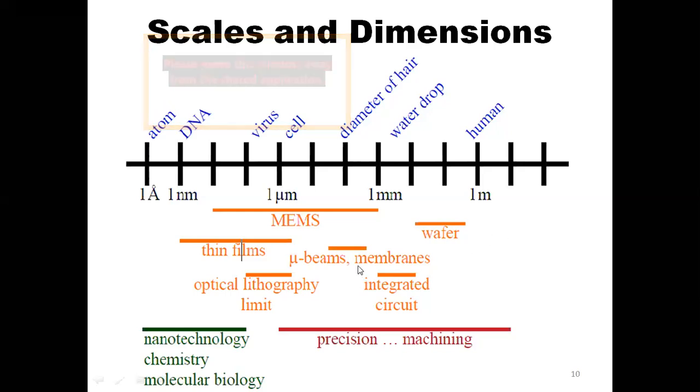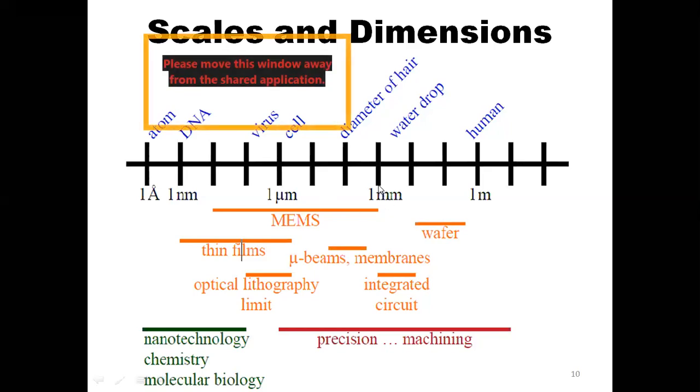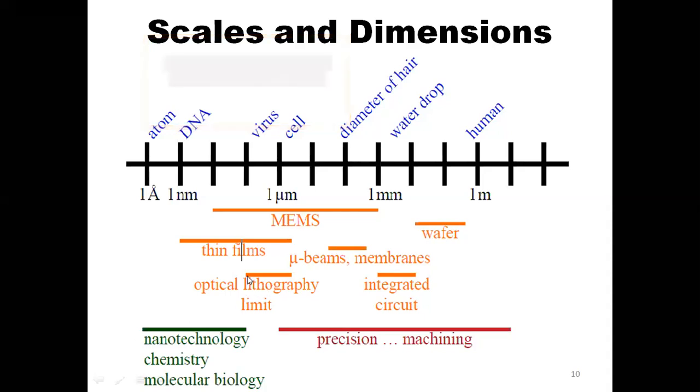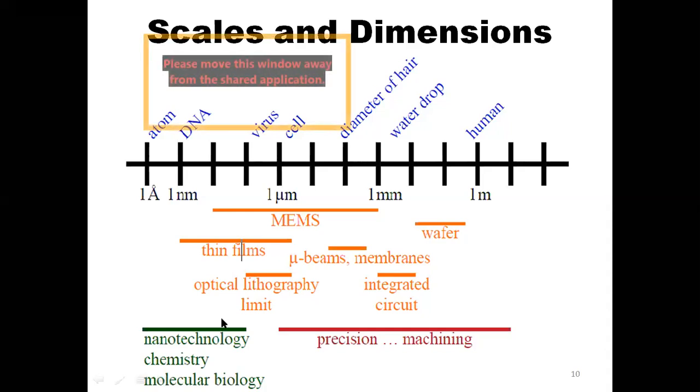Micro beams and micromembranes we are producing in the micrometer range. Integrated circuit technology, the scale is about 1 or 2 millimeter. Optical lithography is the technique by which we are fabricating MEMS layer by layer. The resolution of this technology is a few micrometers.